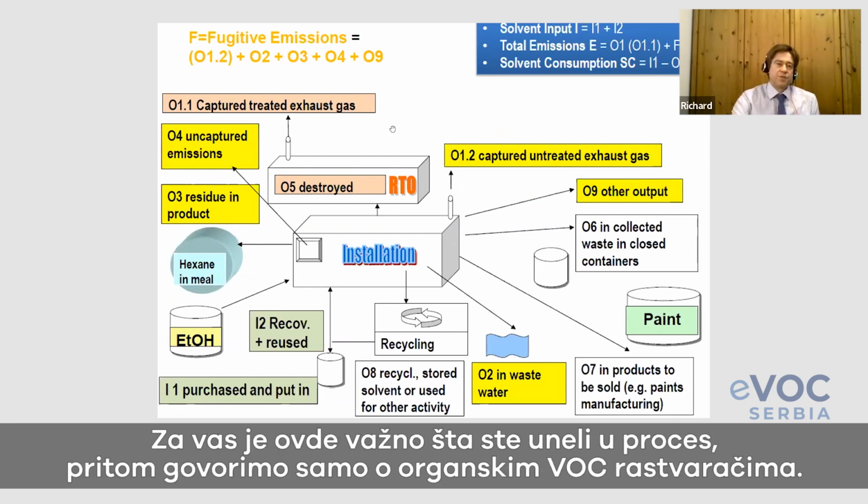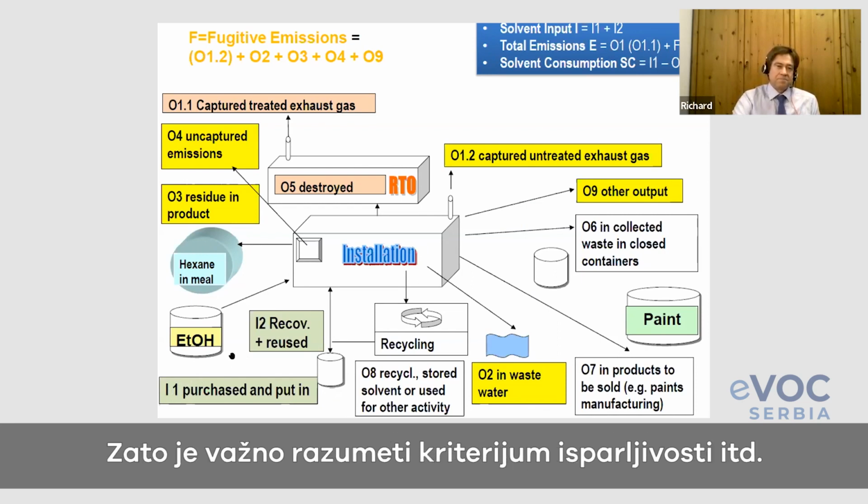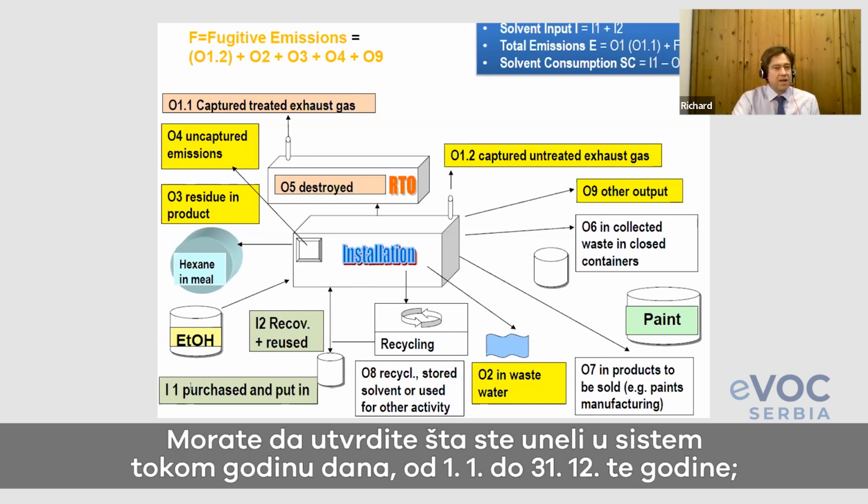So what is important for you here is what you put in: solvents. And we speak only of organic VOC solvents. That's the reason it's important to understand the volatility criteria and so on. So what you purchase and put in over a 1 year period, from the 1st of January to the 31st of December, you have to determine.